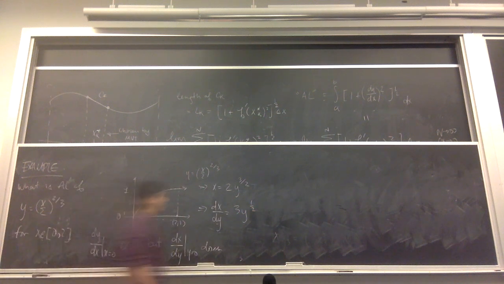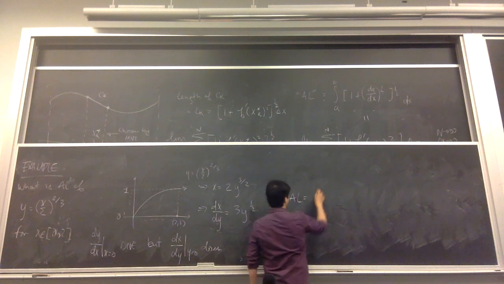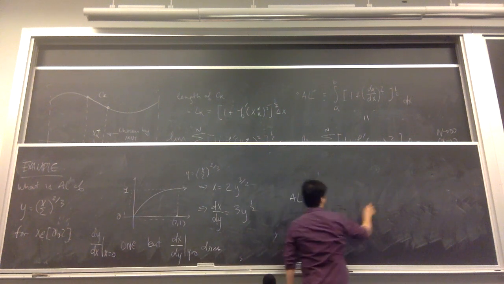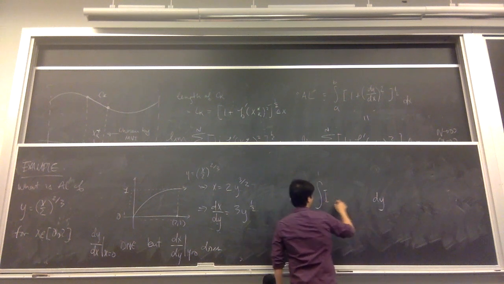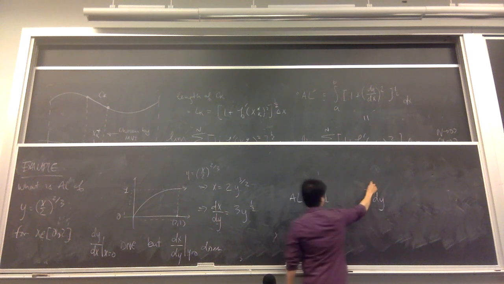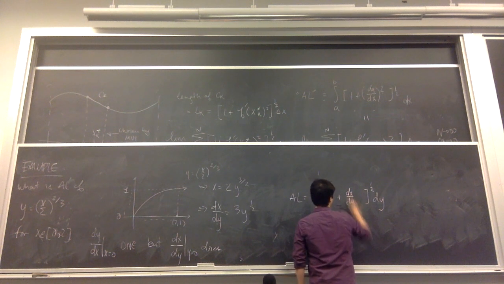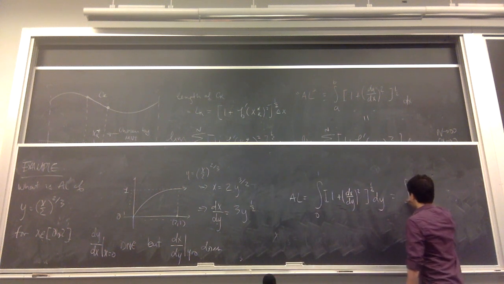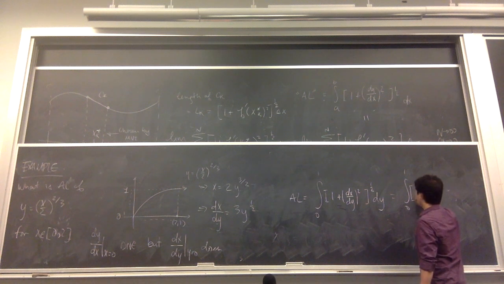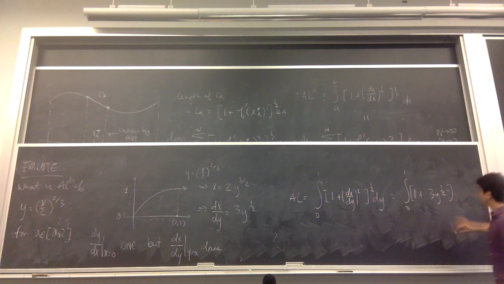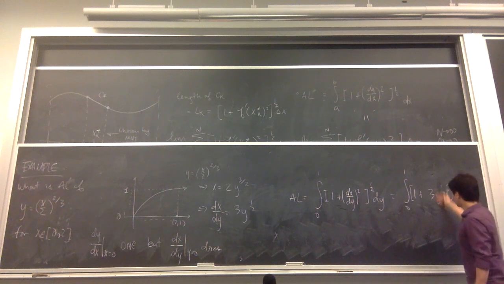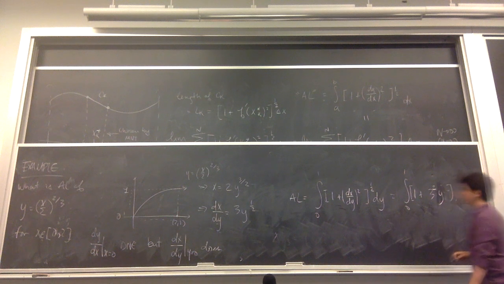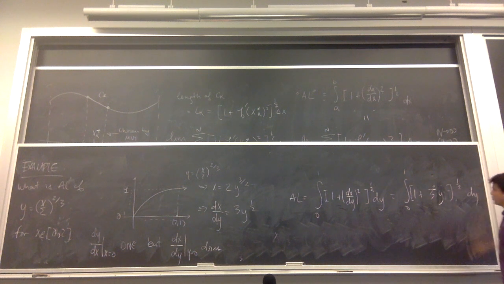So I'm just going to use the arc length formula. We're going to walk from 0 to 1 along y, and we're going to add up the square root of 1 plus (dx/dy) squared, which in this case is going to be the integral from 0 to 1 of the square root of 1 plus ((3/2)y^(1/2)) squared, dy.